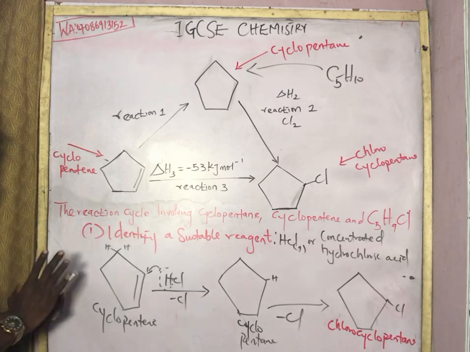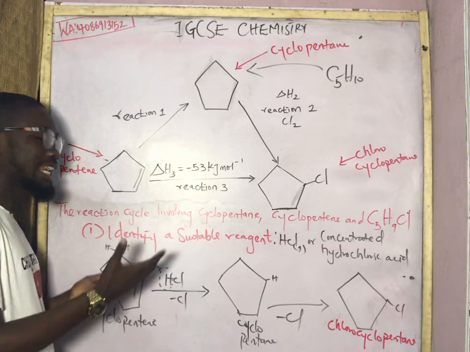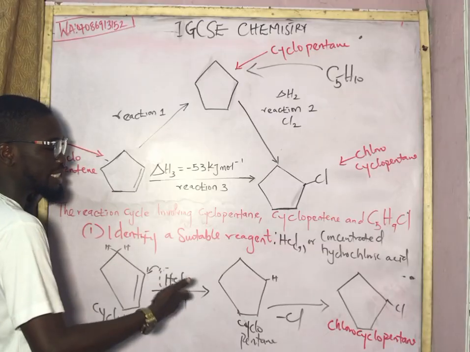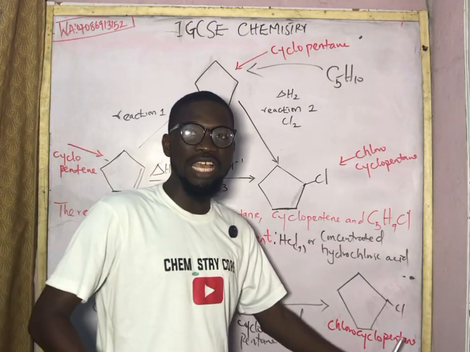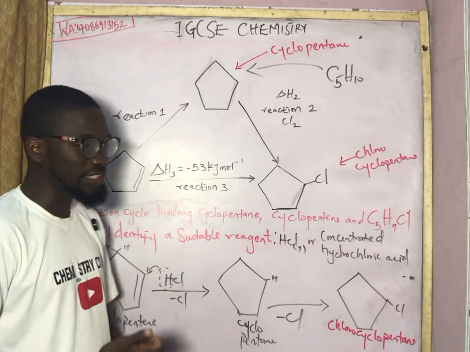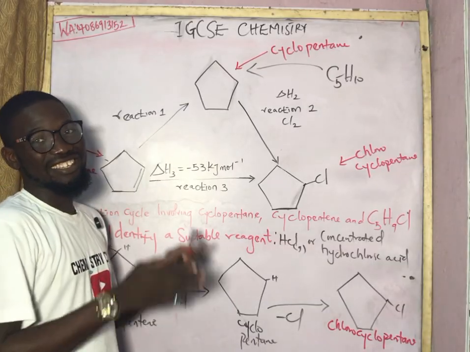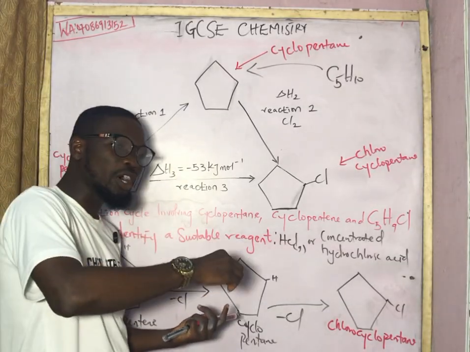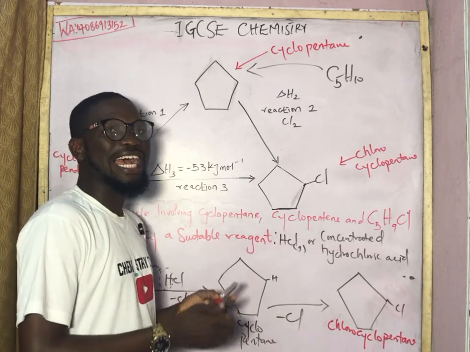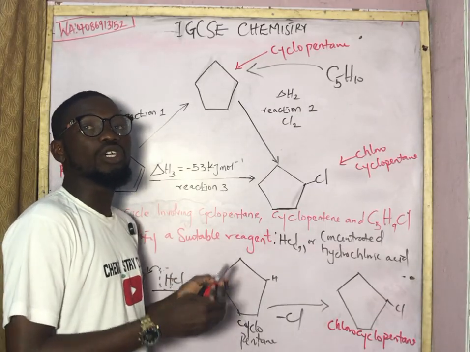So now, guys, this is how IGCSE chemistry is answered. The reason why I'm showing this process is because I need to tell you how we arrived at chlorocyclopentane. So the question said identify a suitable reagent. And the suitable reagent is this: HCl is added across the double bond of an alkene. Or we said concentrated hydrochloric acid is added across the double bond of an alkene.